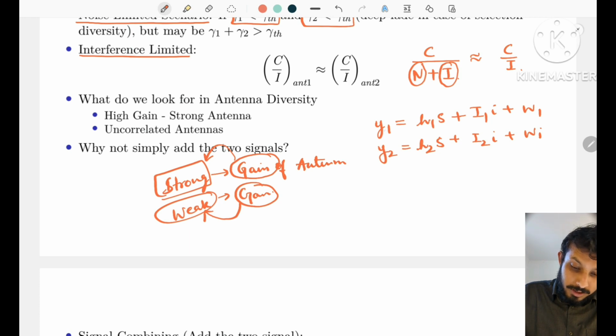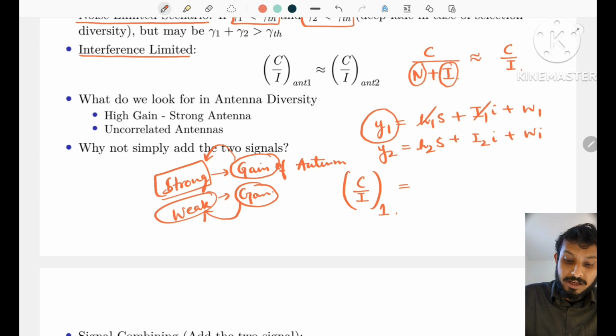Then if we compute C by I corresponding to Y1, for antenna 1, this will be the ratio, and since it depends upon the gain of the antenna, and the gain of the antenna is similar for both cases, they will cancel out. Similarly for Y2, the gain of the antenna will cancel out, and what we will have is that C over I of the first antenna is approximately equal to C by I of the second antenna.